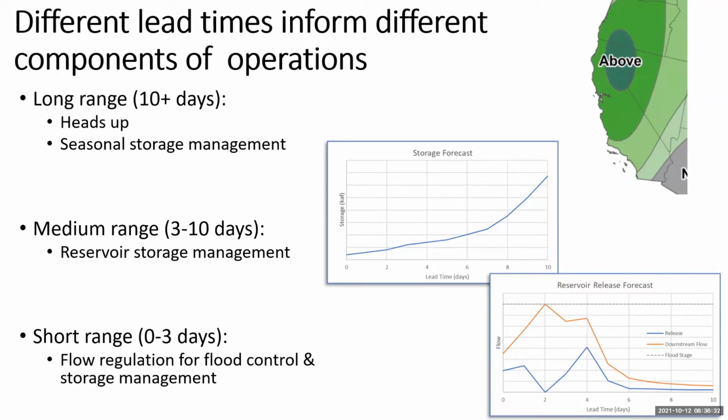Different lead times inform different types of operations when it comes to reservoirs. We have long-range products that are out more than 10 days. These are often the climate products, and they serve primarily as a heads up for reservoir operators as it relates to precipitation and temperature.